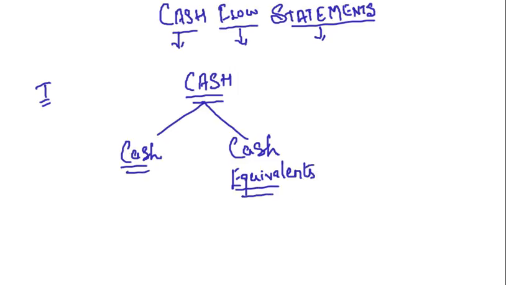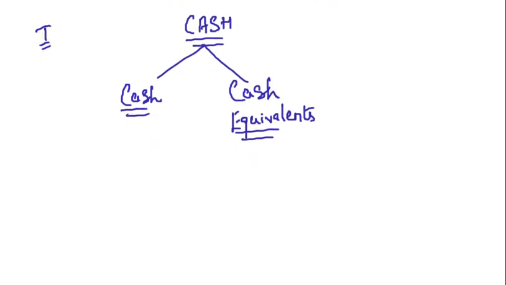So we know what is cash, but what are cash equivalents? I'll tell you. Now, I say cash is one of the most important aspects for running a business. No doubt in that.